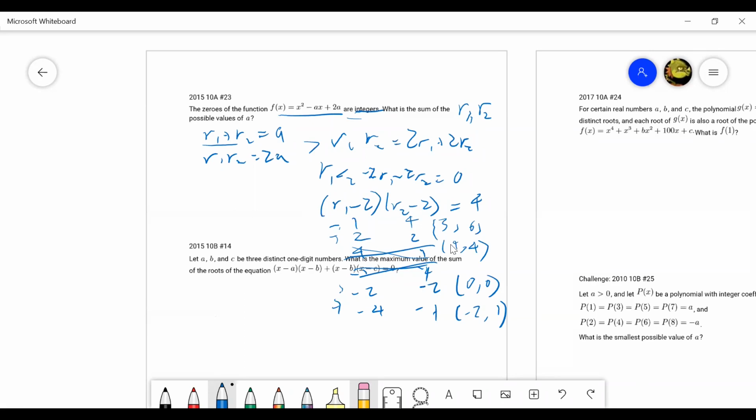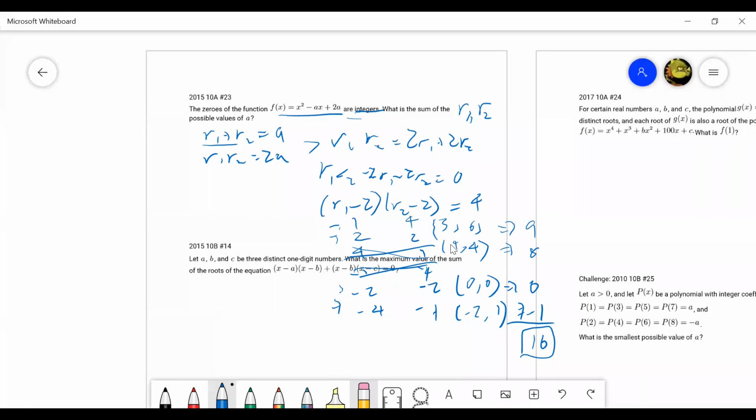So these lead to values of A being 9, 8, 0, and negative 1. And these are the only values because everything's an integer. So their sum is just going to be 16, and that's the answer: the sum of all possible values of A.